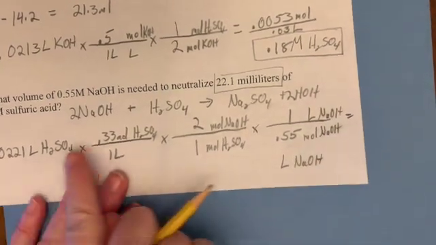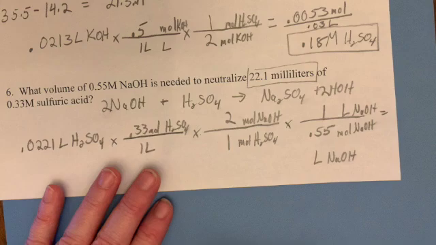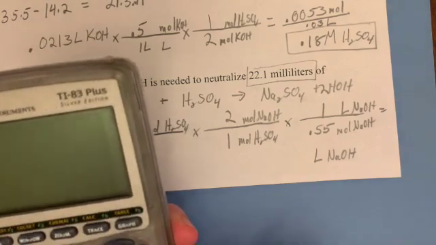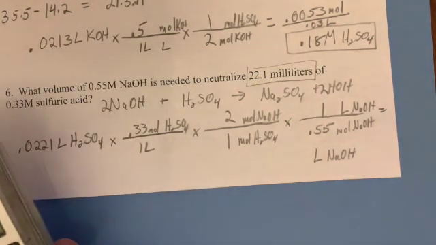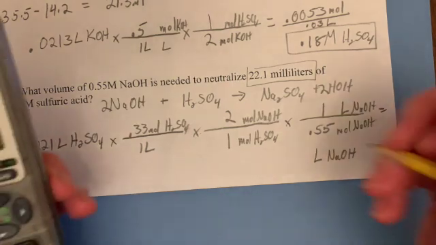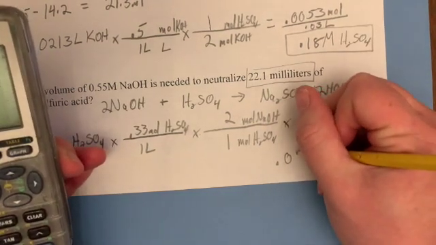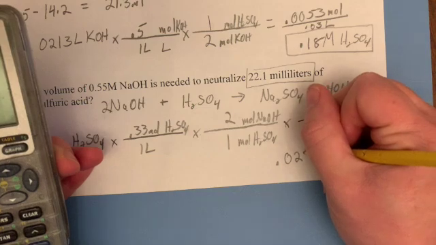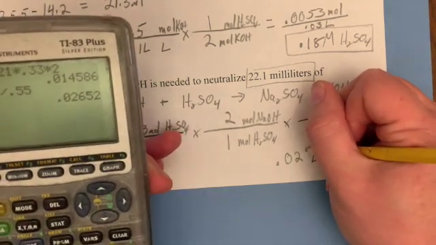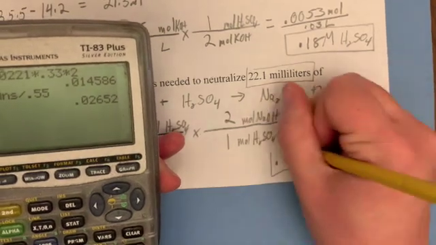Then I'm going to multiply everything in the numerator, divide it by the denominator, and you're going to get a final answer of, let's just double check, just in case my key is old. So 0.0221 times 0.33 times 2 divided by 0.55, and you do get about 0.027 liters of NaOH.